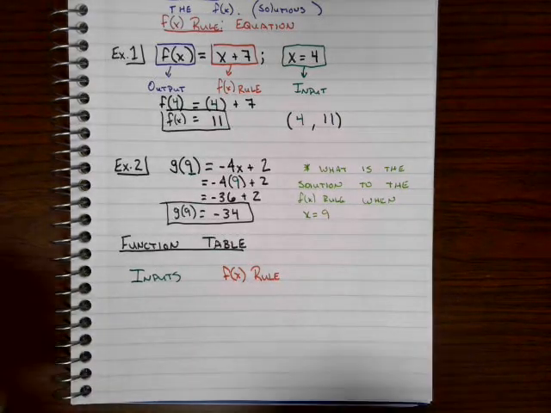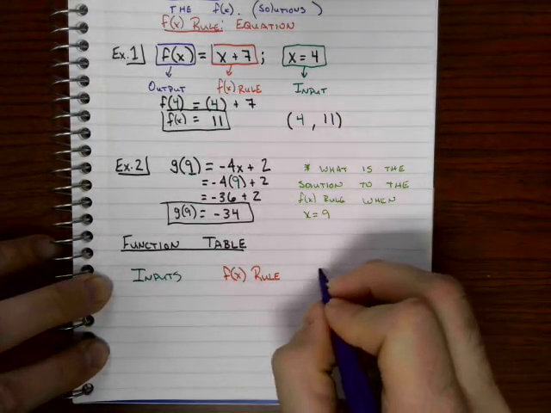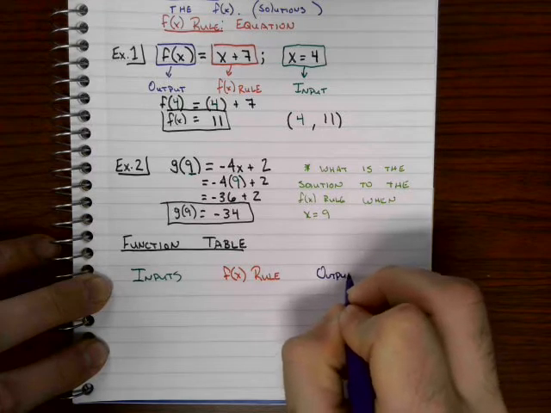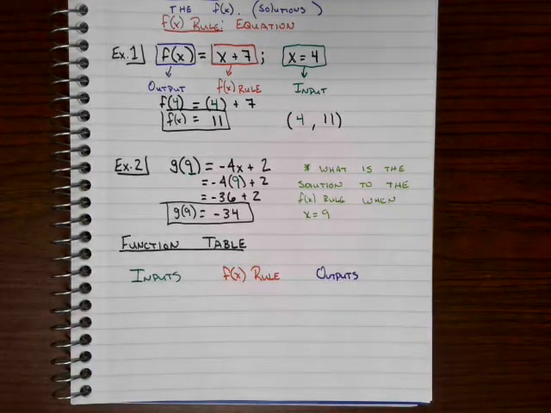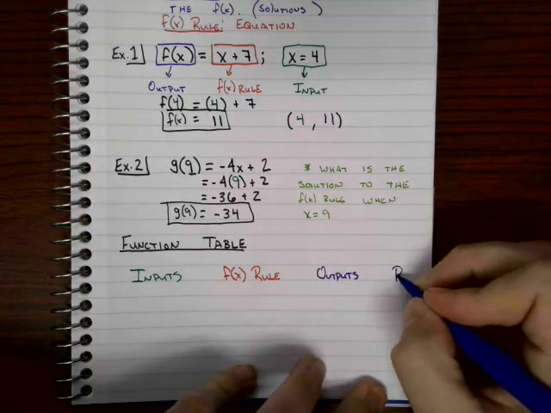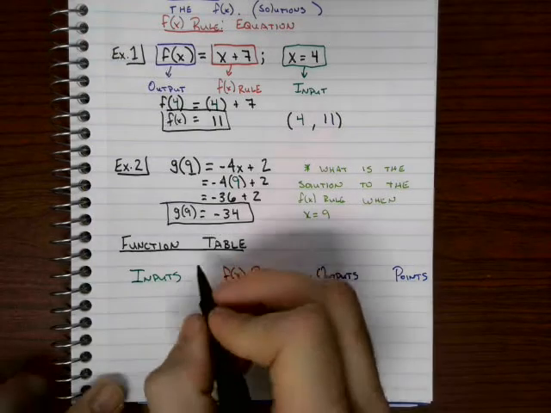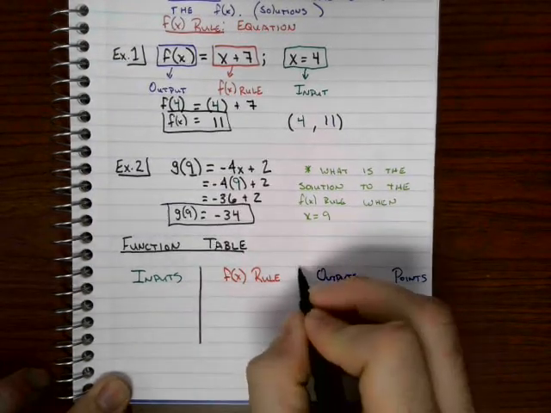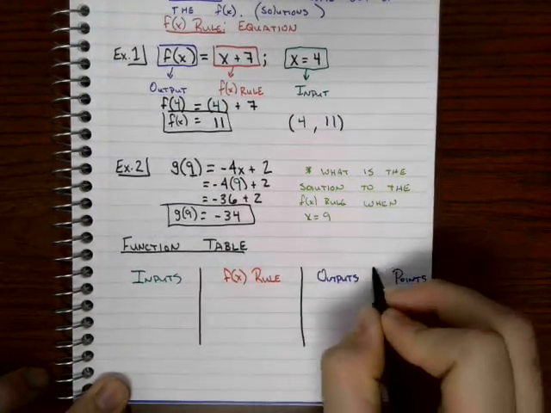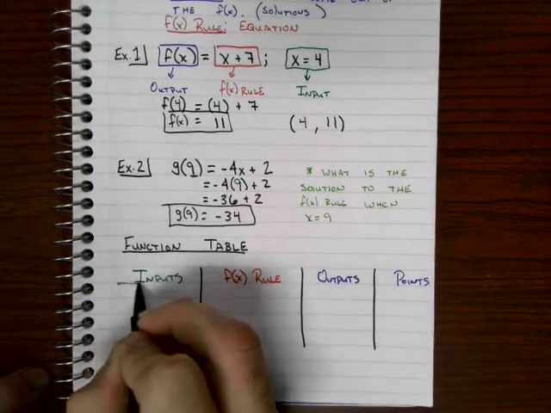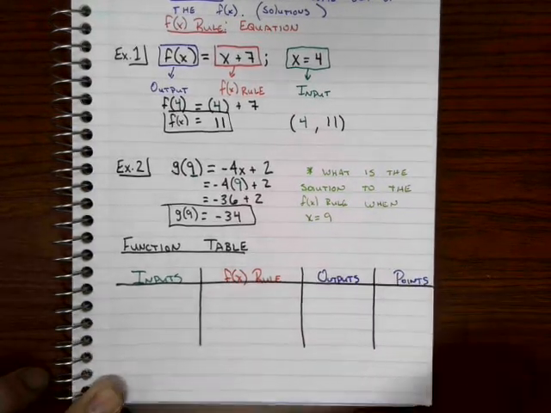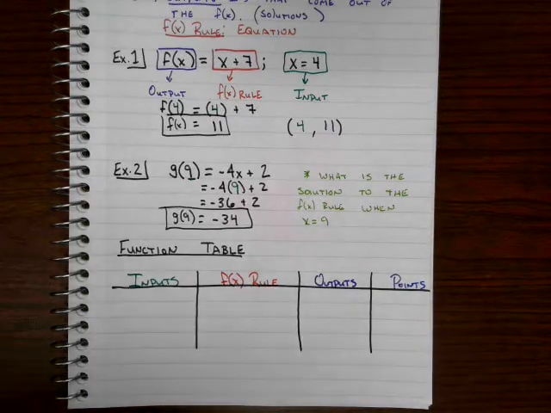And then we'll have our outputs. And then we will have our points. Okay. So function table, you have 4 parts.